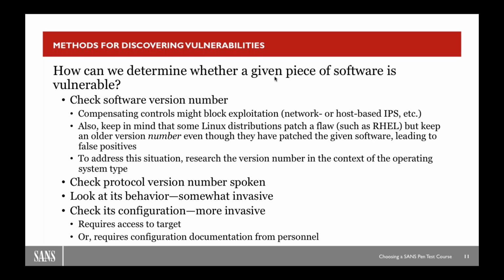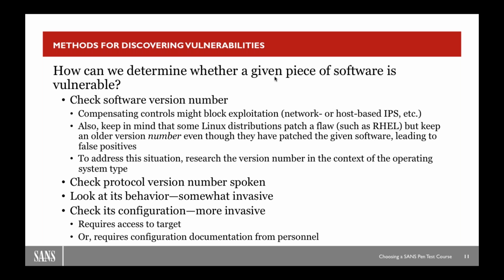Another example in a Windows environment is support for LAN-MAN challenge and response, or NTLM version 1. These protocols are known to be more vulnerable than other protocols that could be used in their place, such as Kerberos or NTLM version 2. So, again, we can identify vulnerabilities by taking a look at what software is installed and what versions of protocols are being used.